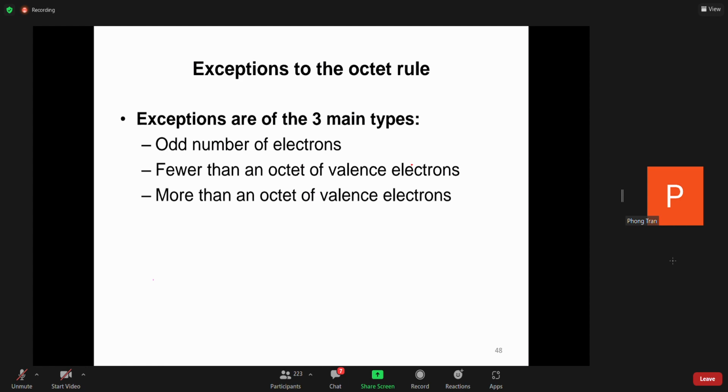So in the case of NO2, it will have one single electron on the nitrogen when you have an odd number of electrons. And you can have fewer than an octet of valence electrons. When you have 7, it's fewer than 8. And you can also have more than an octet of valence electrons, for example the case of bromide, which I discussed with Tommy.